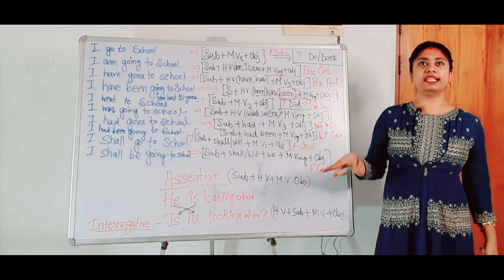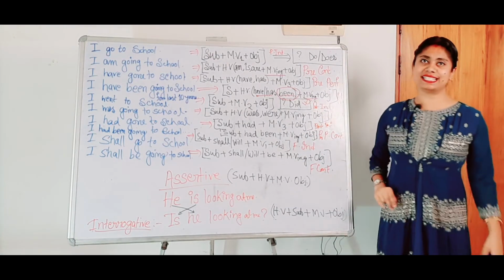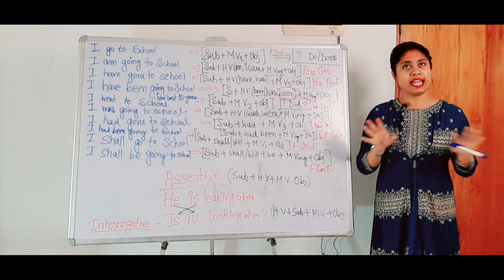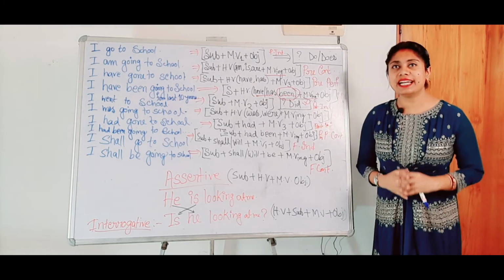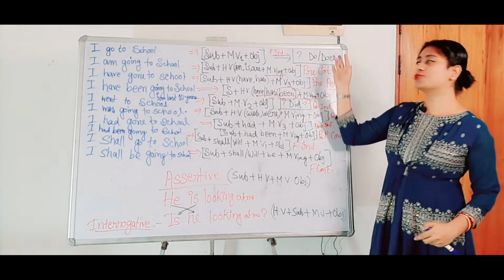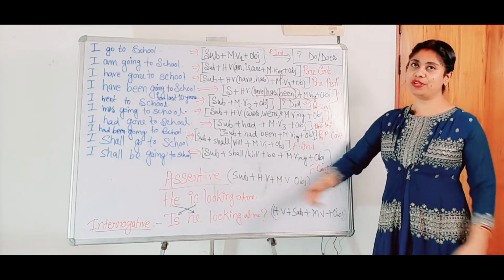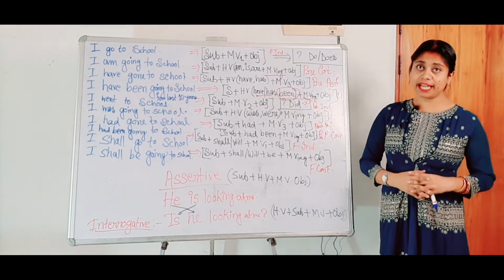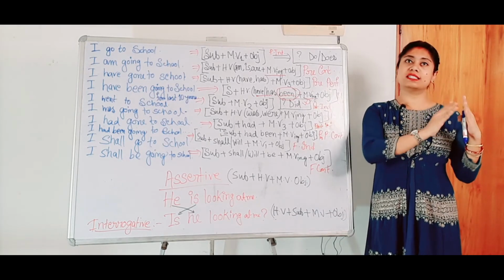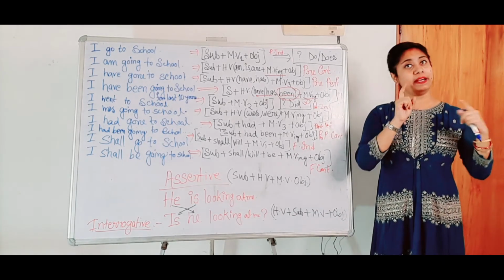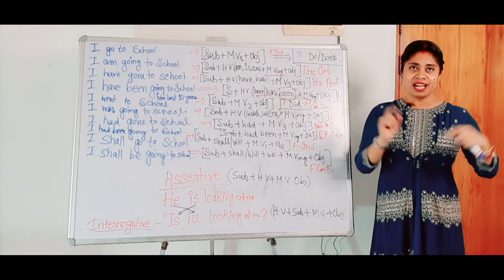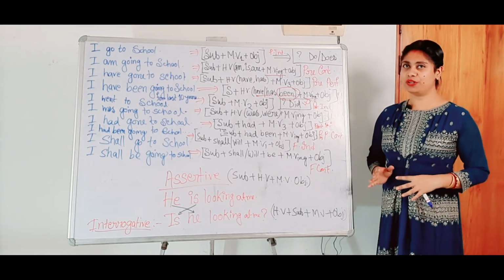I told you earlier that these two tenses don't have any helping verb. In that case, what will you do? You have to use do, does or did. Here I am giving you the example. Just look at the board. Here I am giving you the example how you can make the sentence which does not have any helping verb, but you can still make it as a question. So this is how I am going to show you.